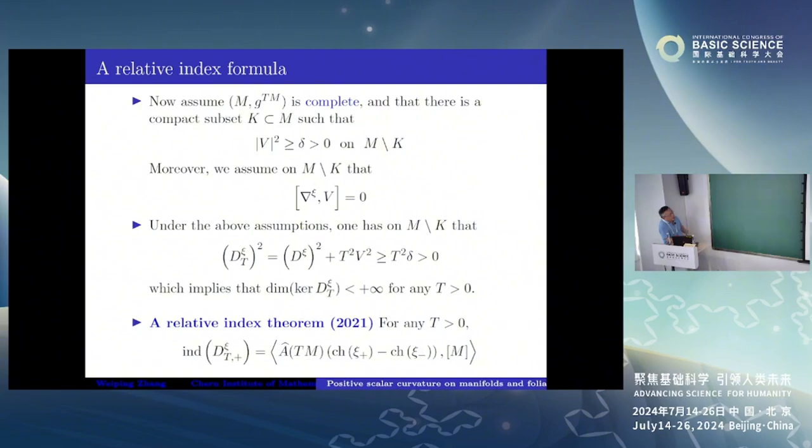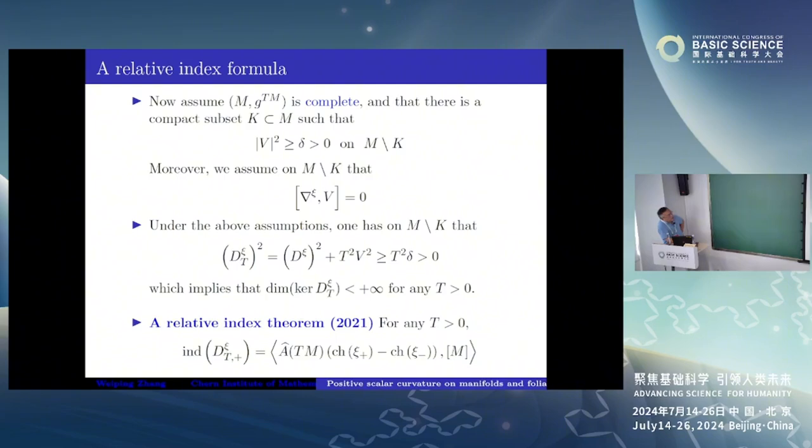Now, for a closed manifold, it gives nothing essentially new immediately. But for a non-compact manifold, if we assume it is a complete non-compact metric, then we assume that the endomorphism V is invertible outside a compact subset, and moreover that the norm of V has a positive lower bound outside the compact subset.